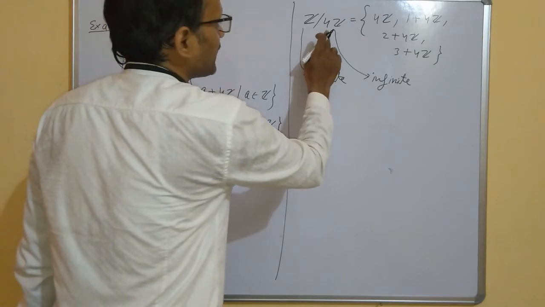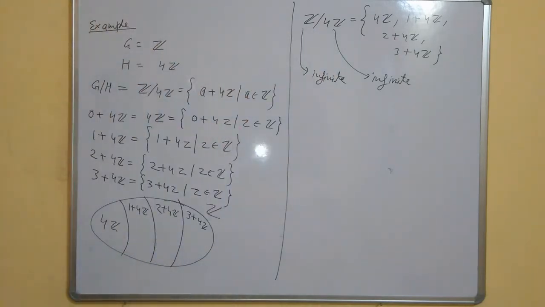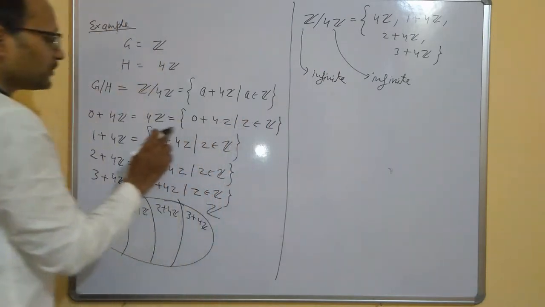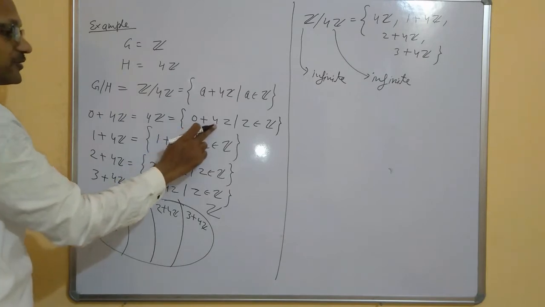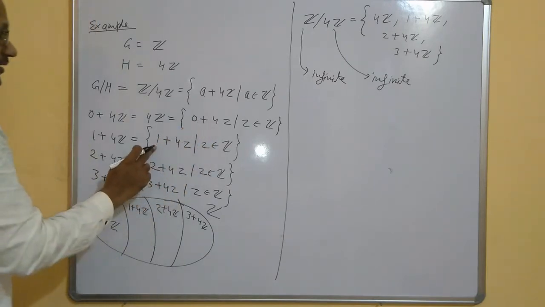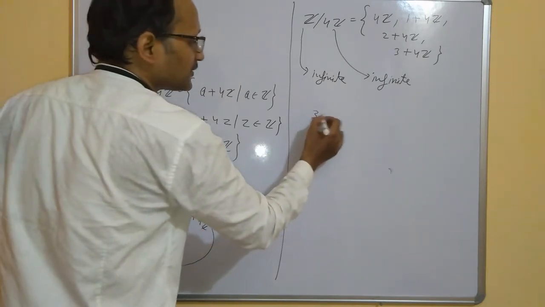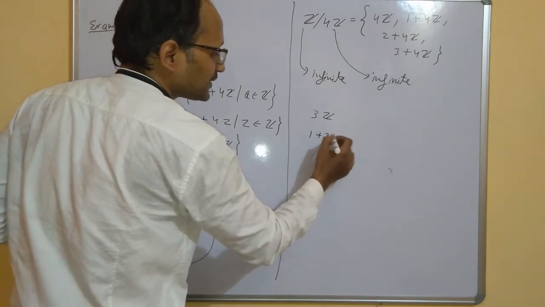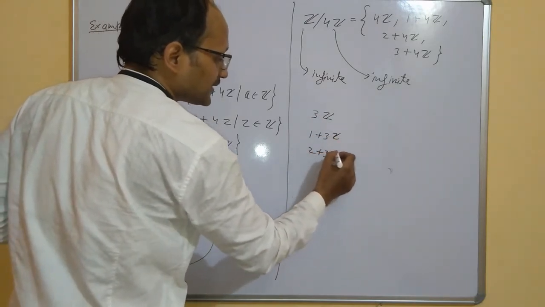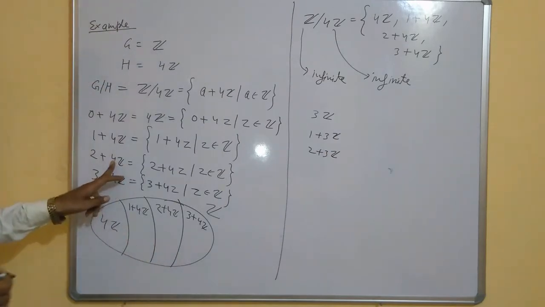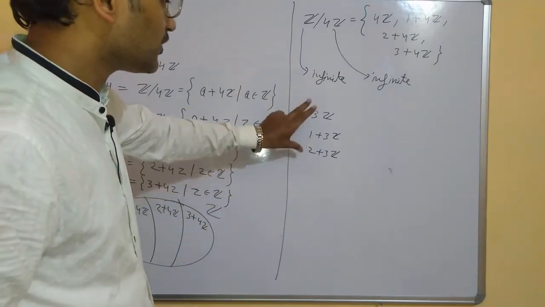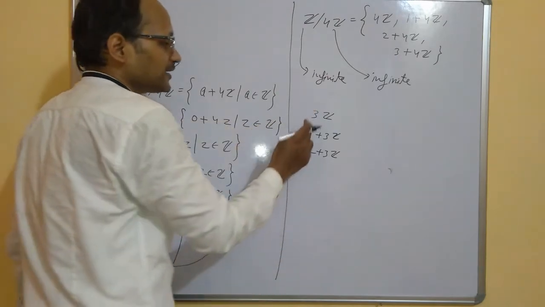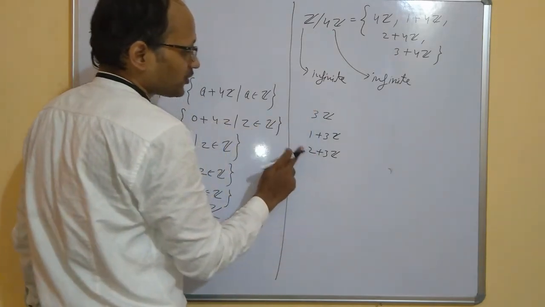Similarly, in place of 4Z, if I take 3Z, then when you divide by 3, you will get the remainder 0, 1 or 2. So you will have the cosets 3Z, 1 plus 3Z, 2 plus 3Z, and that's all, because any number will be of either this form or this form or this form, since when you divide a number by 3, its remainder will be 0, 1 or 2.